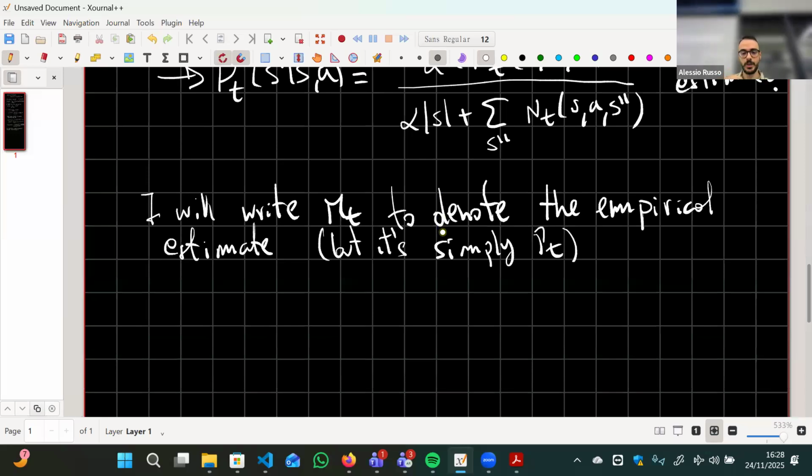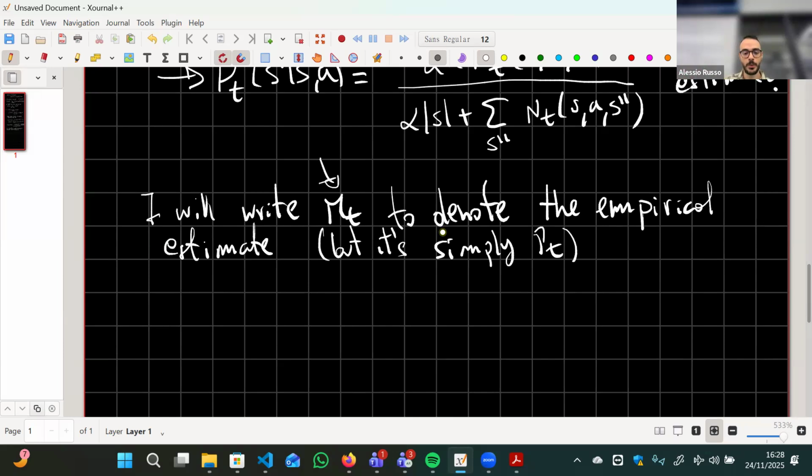In the case we didn't know the rewards, because maybe the rewards are stochastic, we would also need an estimate of the reward distribution. So in that case, it's better to just use the notation M_t. So I'm going to stick to M_t to indicate the empirical MDP.